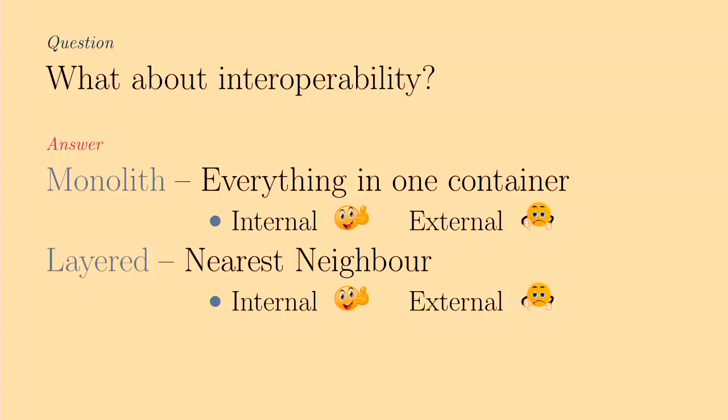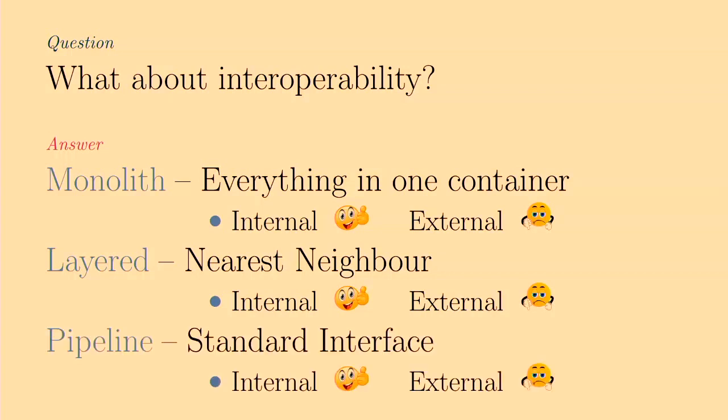Layered, we've had that nearest neighbor idea. Communicating from one layer to the next, it's designed around that communication process. So yes, it works. Externally, again, it's like monolith. We just don't think of things outside of it. Pipeline, internally, it's a pipeline. You've got a standard interface between everything, so communication is easy, and again, it's assuming there is no outside world.